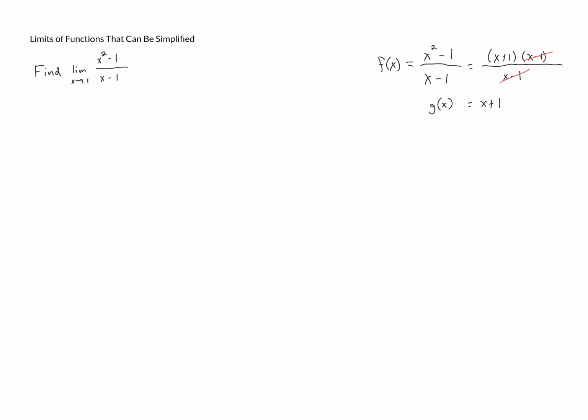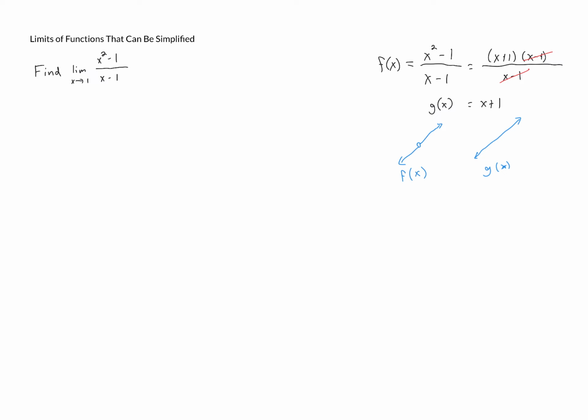So if we were to graph it, x plus 1 is a linear function. That's going to be the graph of g of x. And then f of x is equal to it everywhere except one point, one value. And so at x equals 1, we actually would have an open circle.